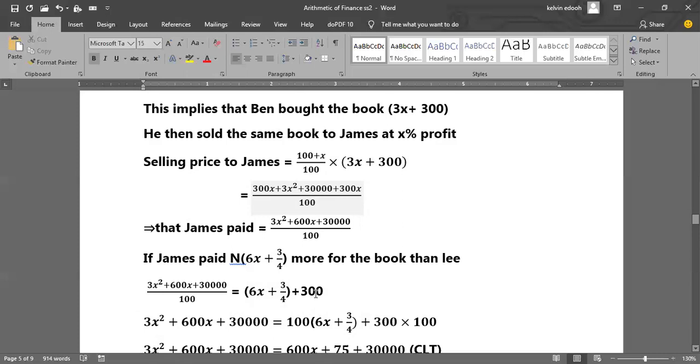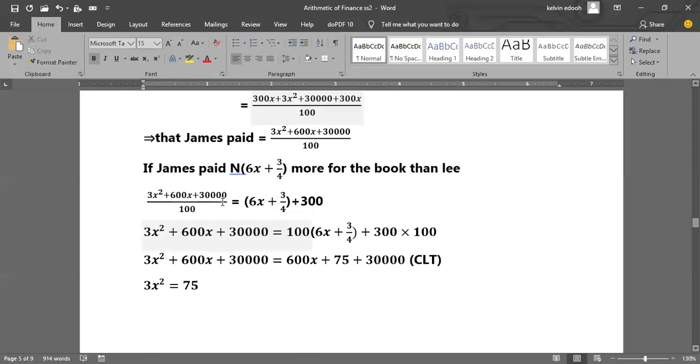Now, what that statement means, if we simplify this out, we'll have 3x plus 600 plus 3000, multiplied by 100 to remove the denominator. So we do that out, and we'll have this value here.